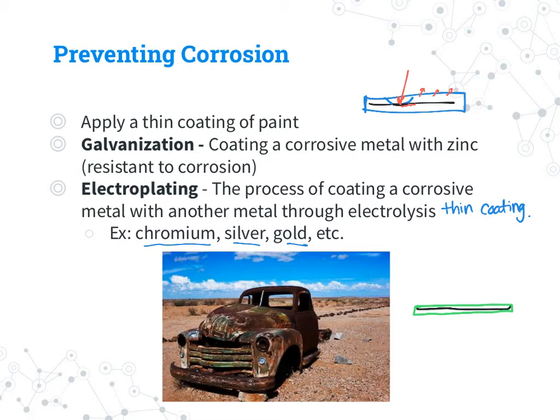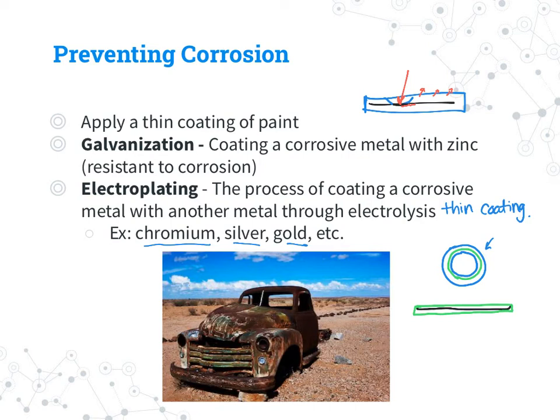So we'll have a cheaper metal on the inside maybe of a ring, and we will electroplate it with a more expensive metal on the outside of the ring, so that we're not paying for the entire mass of this ring with an expensive metal, but also sometimes we get different properties.